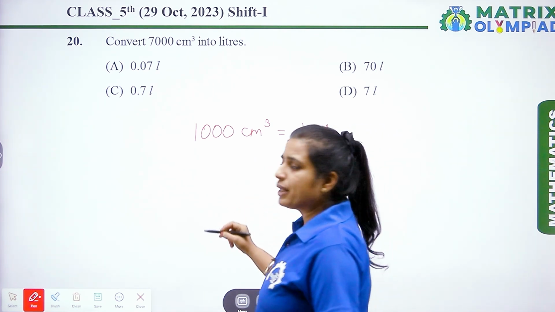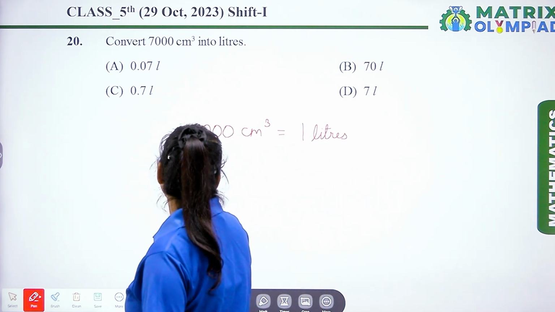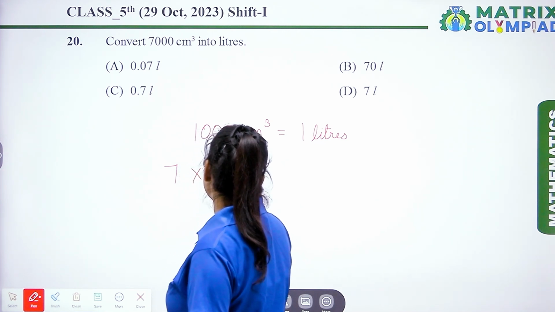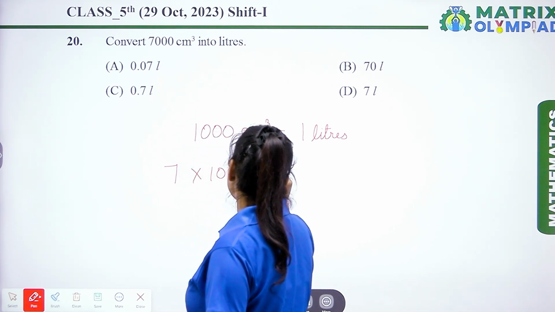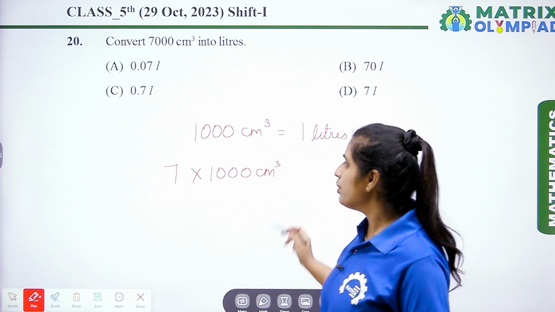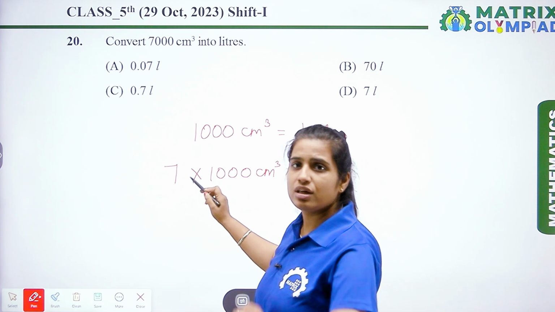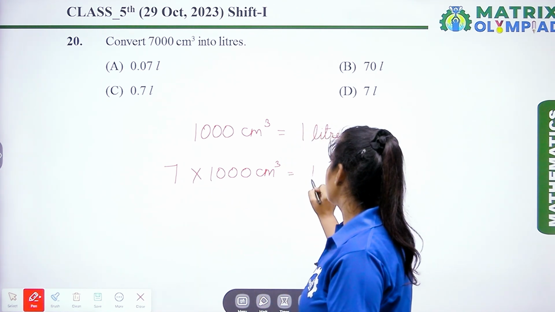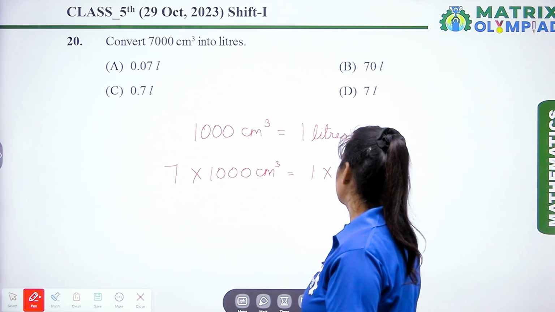So if we multiply this 1000 centimeter cube by 7, we will get 7000 centimeter cube. According to the rule, if we multiply a number on the left hand side, we also have to multiply the same number on the right hand side.